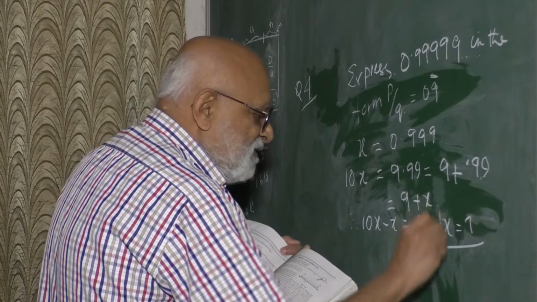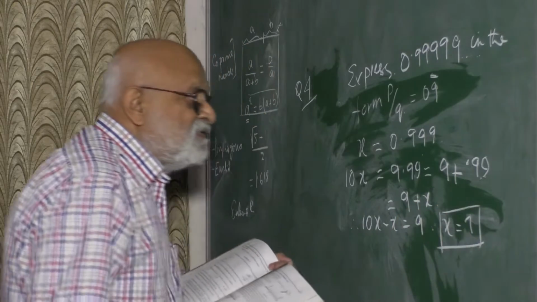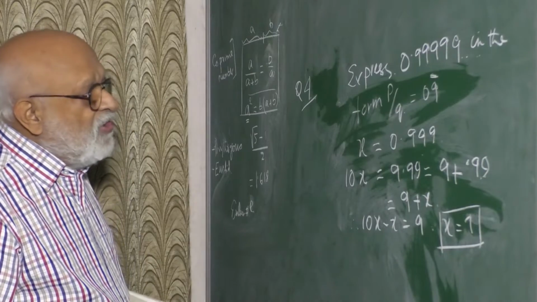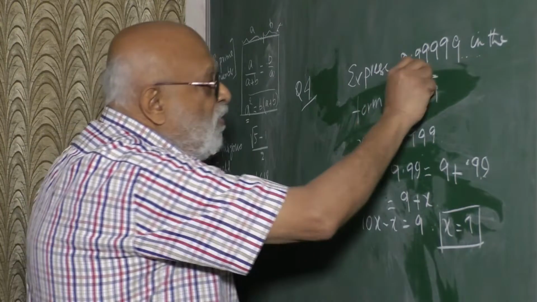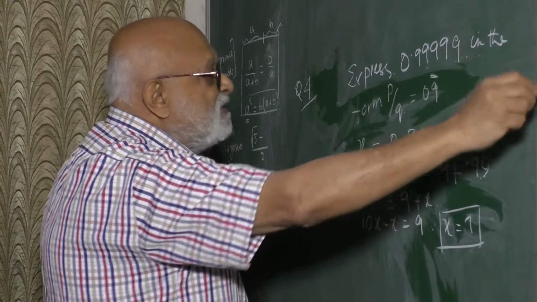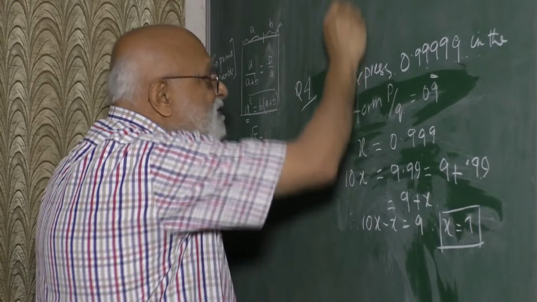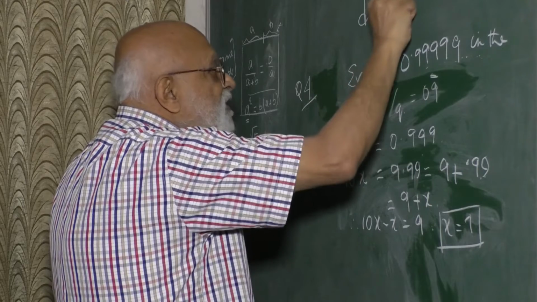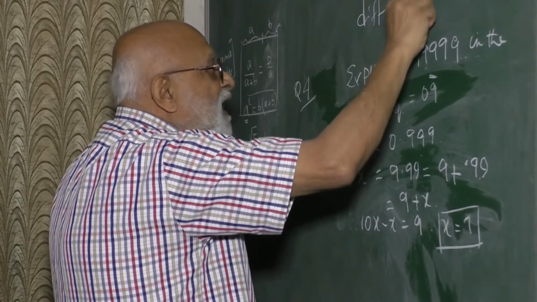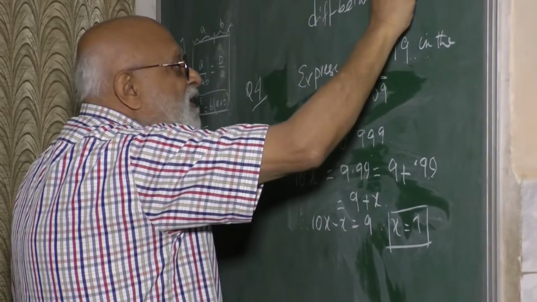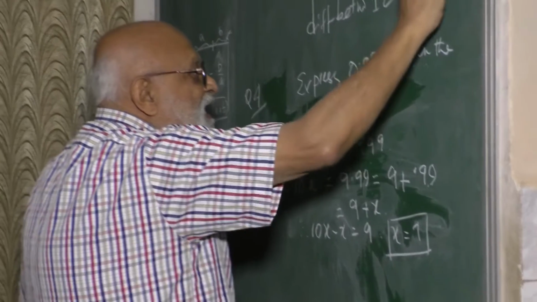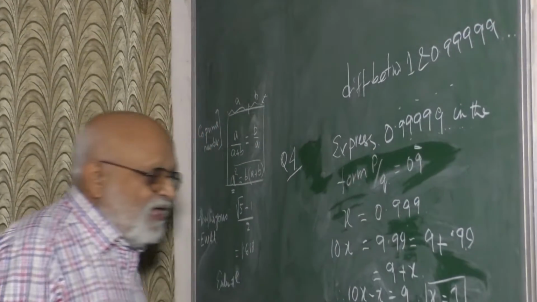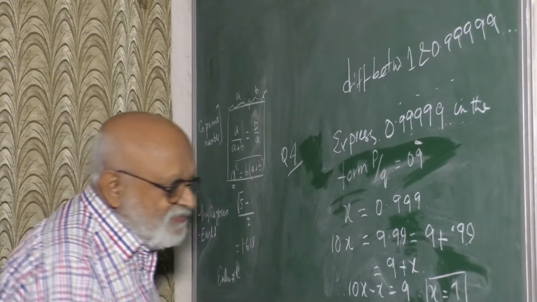Interesting result. Please note this. Why should it become 1? Because you see, as I go on, the difference between 1 and 0.9999 continuing becomes very, very small, very, very insignificant.